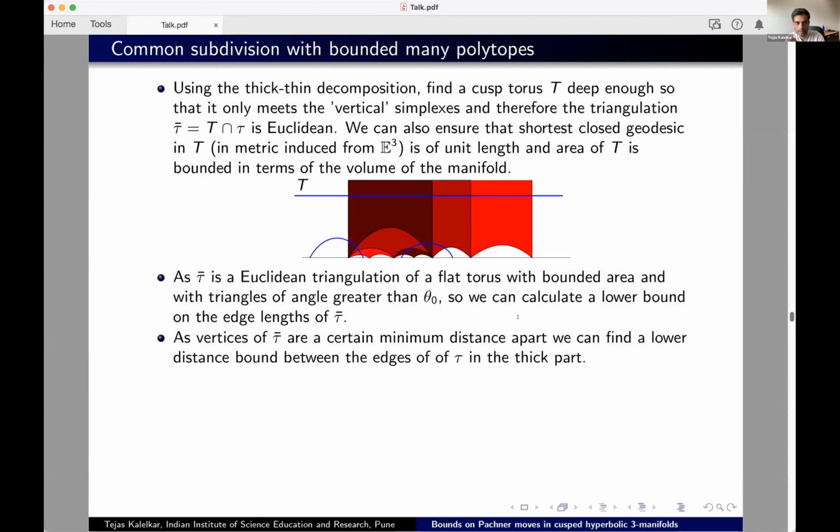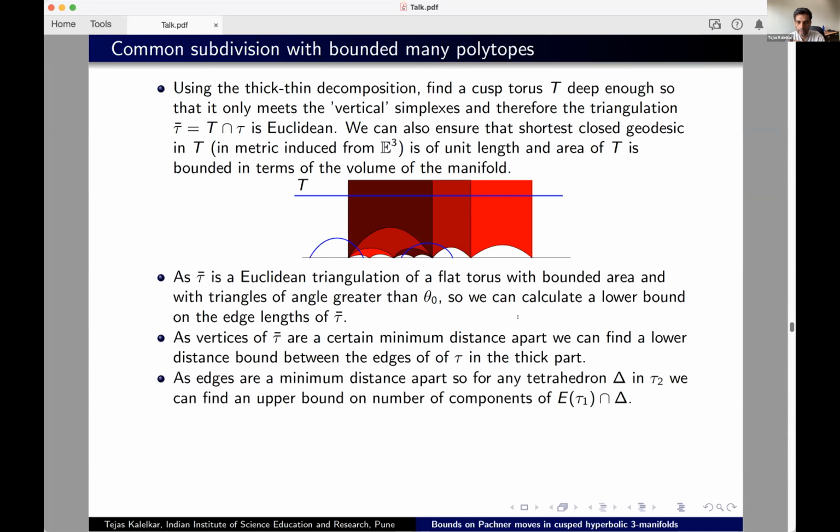So what we've got is this triangulation tau. And if you look at the distance between the edges of tau in the thick part, then we've obtained a lower bound on the distance between them. So the edges are at least some small distance apart. Now what we do is we take one fixed tetrahedron delta and we intersect it with all the edges of tau 1.